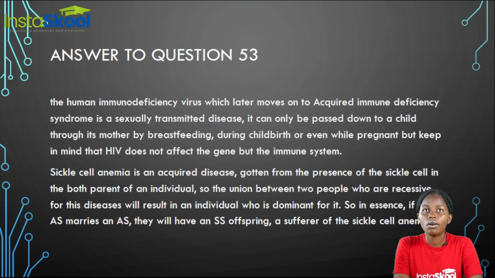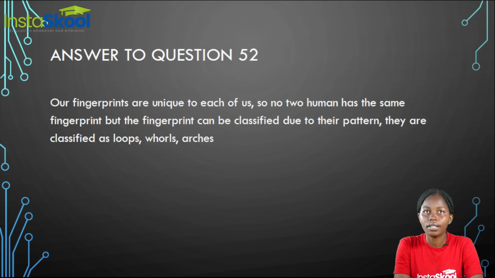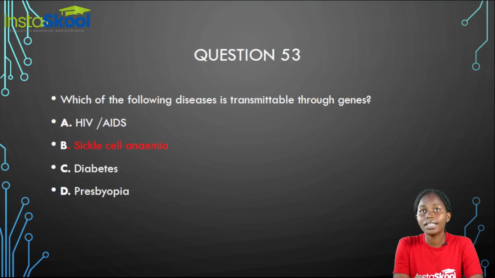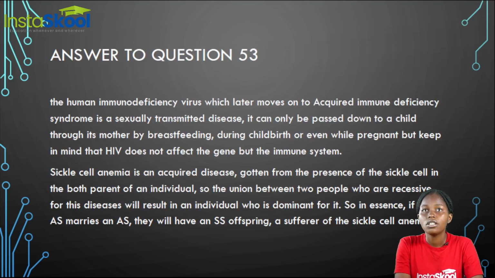But when we look at our option B, sickle cell anemia, sickle cell anemia is a disease that can be transmitted through the gene. Usually, an individual gets sickle cell anemia when both of his parents have this as a recessive or as a dominant trait.